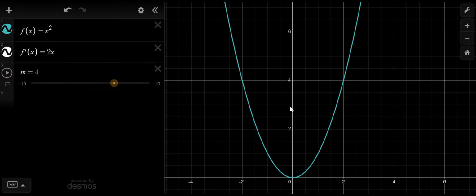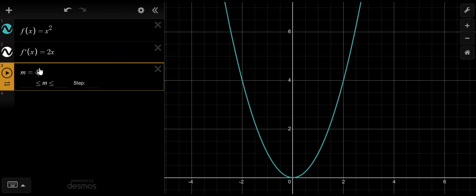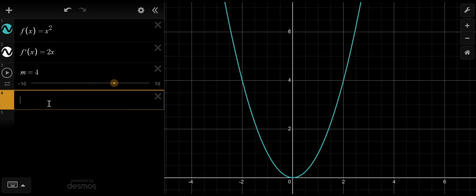The slope here of that line, where x1 is 2, is supposed to be 4. So the slope is 4, but there's a problem. We found the slope is 4, but we don't know the equation. We just know the slope.